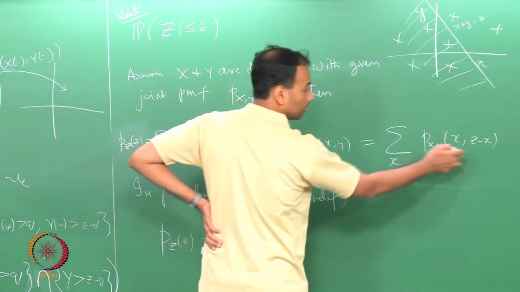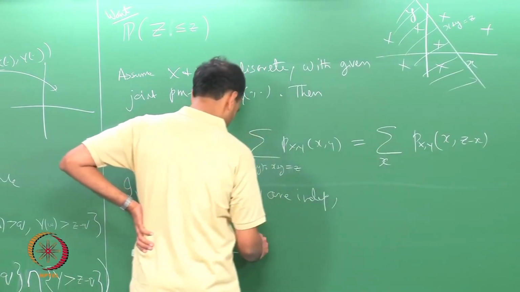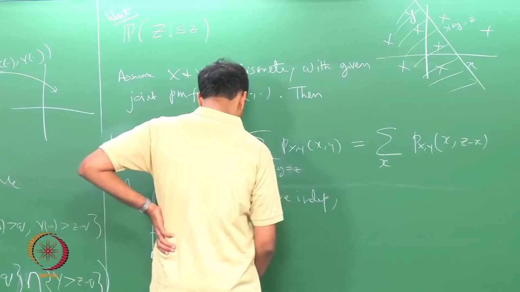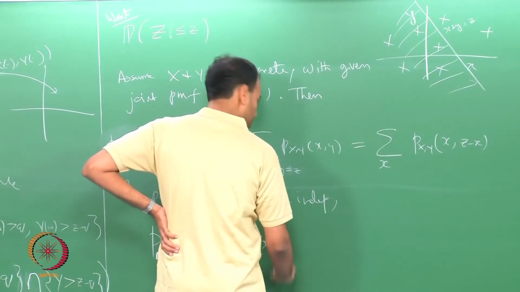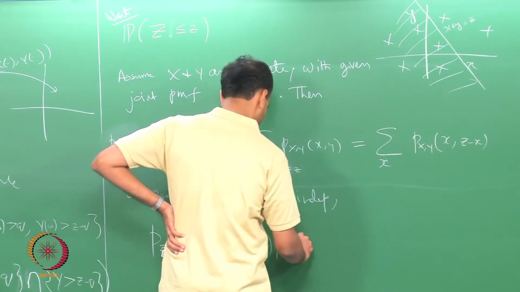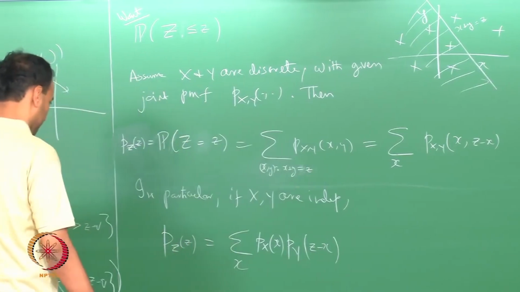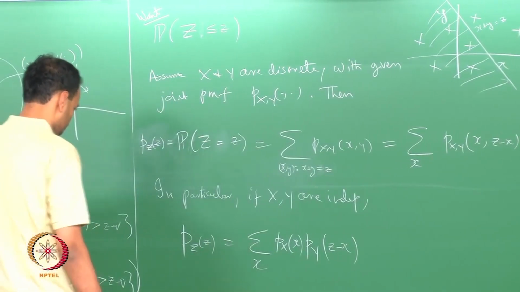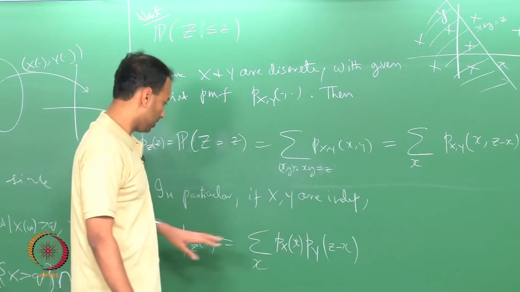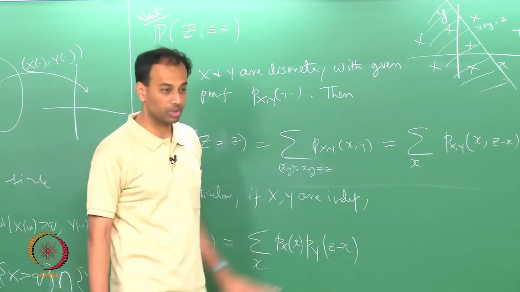This will product out into the marginal PMFs, so you will get p x of little x times p y of z minus x. This is only true if x and y are independent. So, this is like a discrete convolution of the two PMFs.